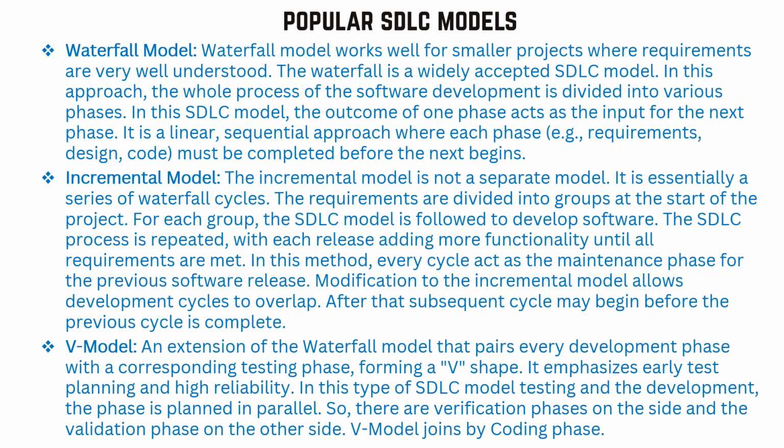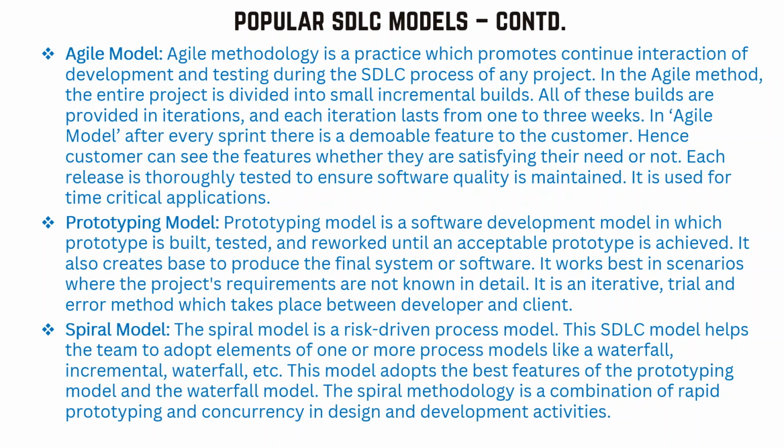To deal with any kind of schedule or effort variation, or to maintain the overall project budget or overall project schedule. The other popular model is the agile model. Now this is a very, very popular model. Scrum is one of the methodologies in agile. Agile methodology is a practice which promotes continuous iteration of development and testing during the SDLC process of any project.